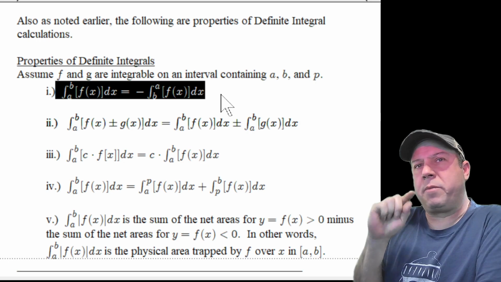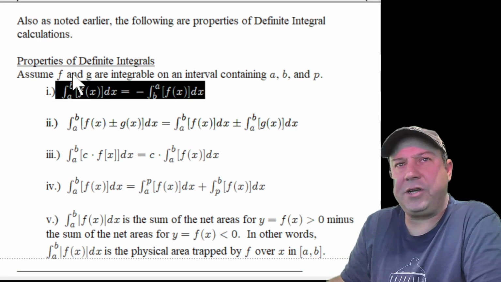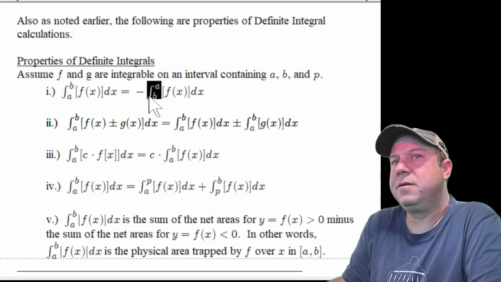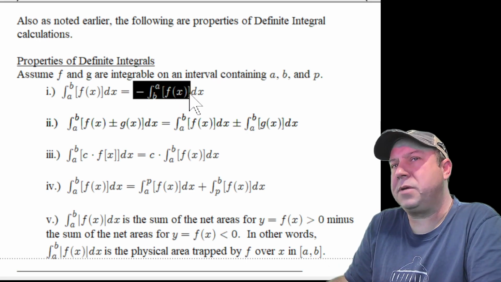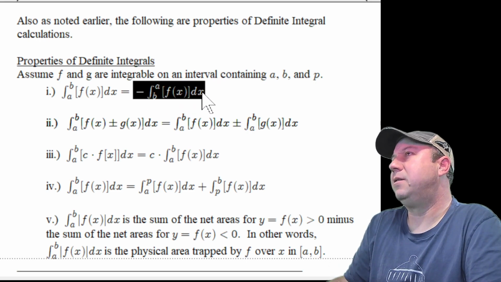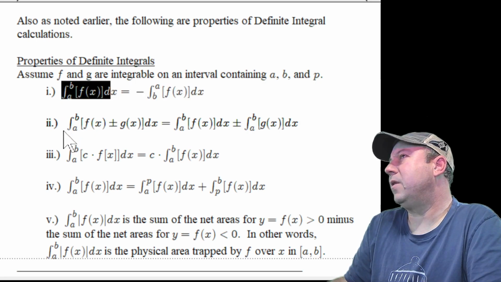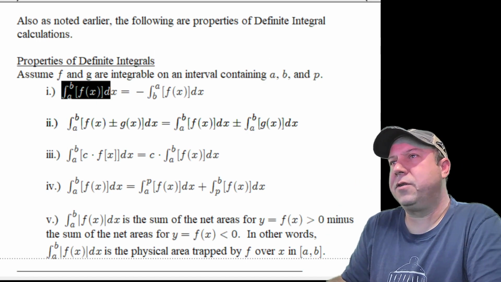Just take note, remember the first property says that if we reverse the order of our integration, if instead of going from a to b, we go from b to a, with b still being larger than a in value, the value we obtain is actually going to be the opposite of what we would have if we went from a to b. Reversing that order will give you the opposite value in your integration.